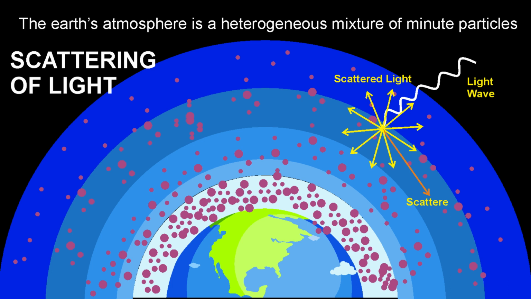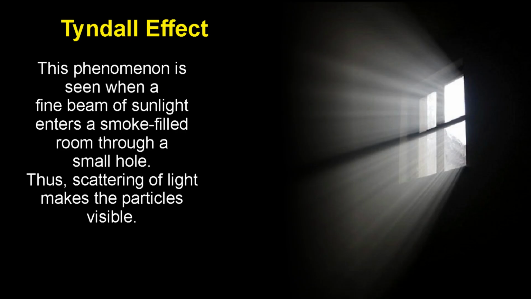The light reaches us after being reflected diffusely by these particles. The phenomenon of scattering of light by colloidal particles gives rise to the Tyndall effect. This phenomenon is seen when a fine beam of sunlight enters a smoke-filled room through a small hole or window. Thus, scattering of light makes the particles visible.